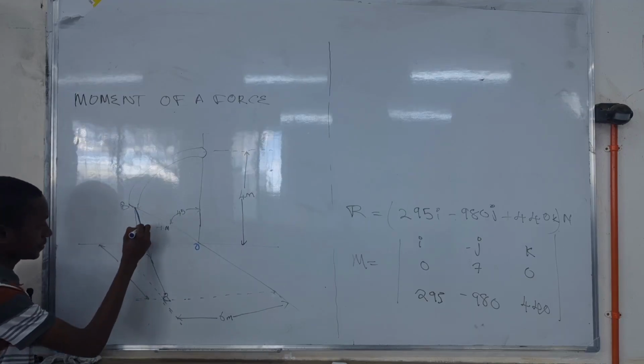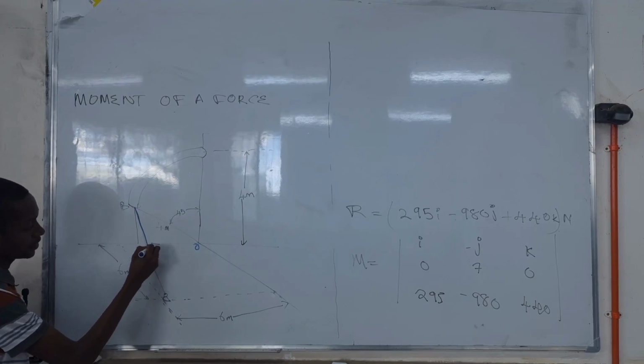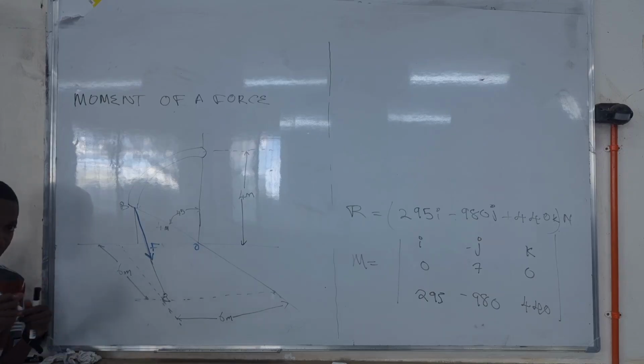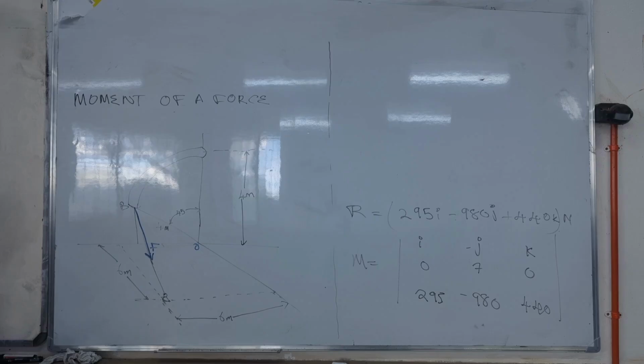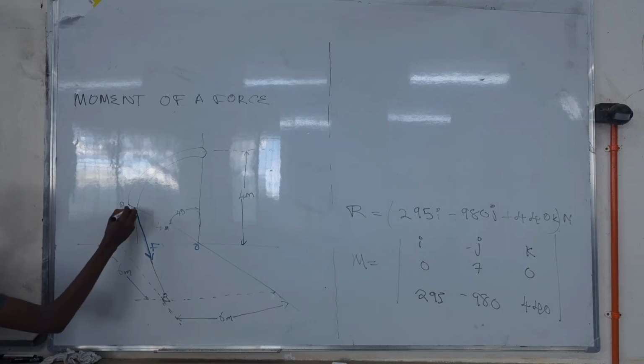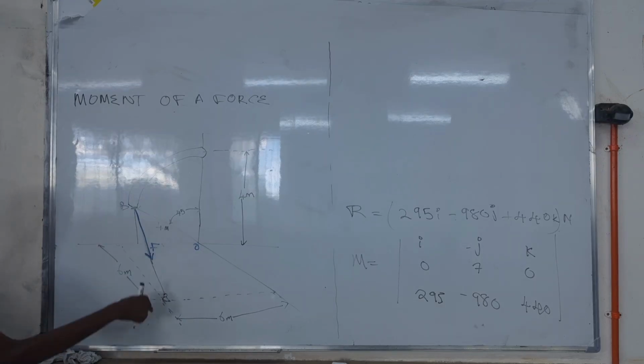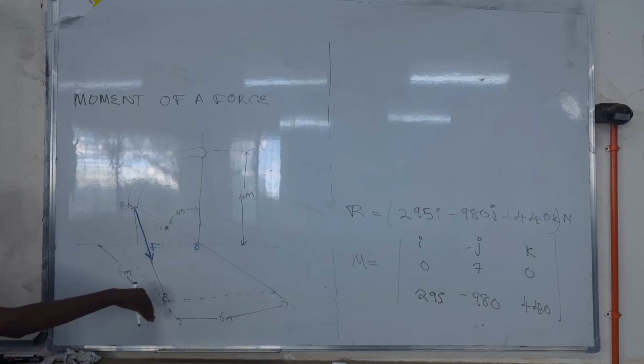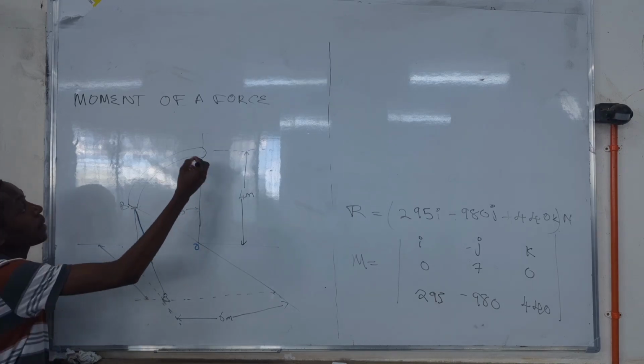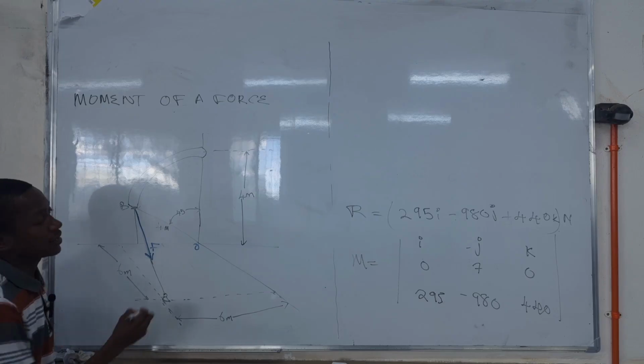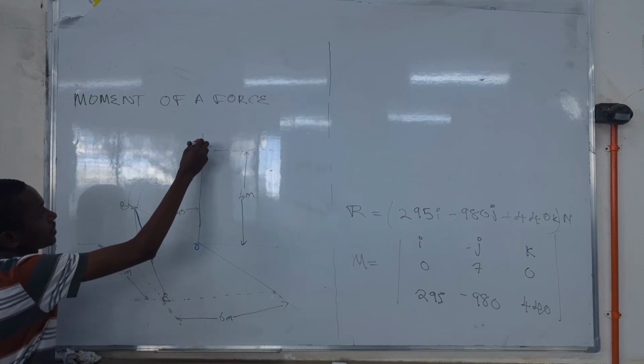So this is our force. Starting from this point, it's acting on this rope here, so it's a tension force. Our pivot is A, the center point that we're looking at.